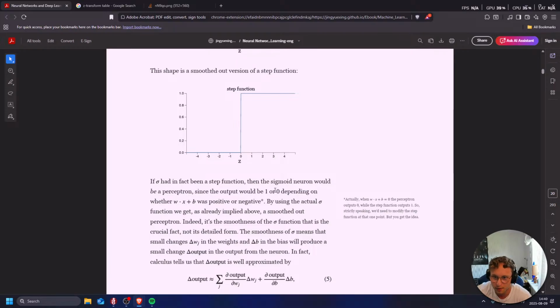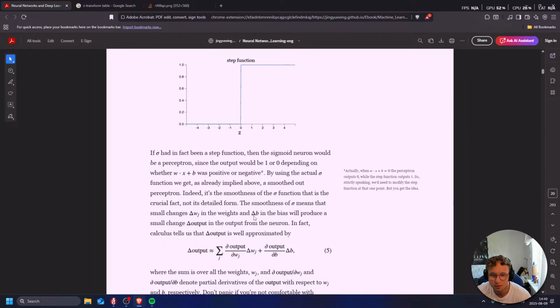Yeah, so if it had been a step function, then the sigmoid neuron would be a perceptron, since the output would be 0 or 1, depending on whether the input, which is the weights dot product with the inputs, plus the bias, was positive or negative. By using the actual sigmoid function, we get, as already implied, a smoothed out perceptron. Indeed, it's the smoothness of the function that is the crucial fact, not its detailed form.